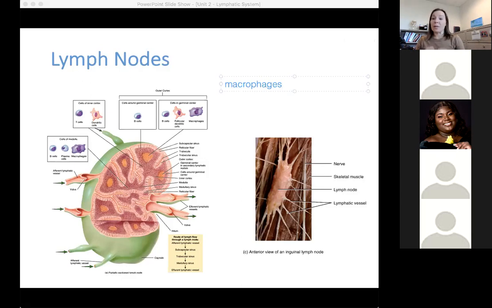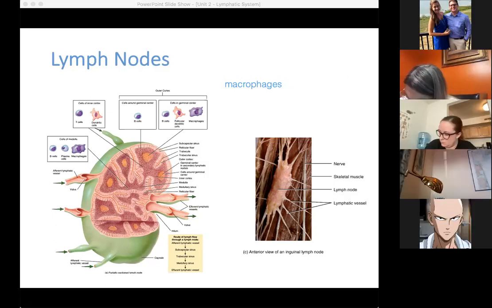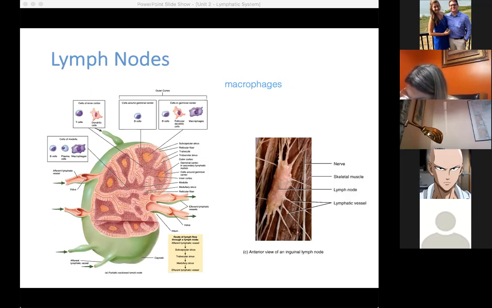So macrophages within the lymph nodes, because there are macrophages that just live in these lymph nodes, will filter lymph as the lymph passes through the lymph nodes, to remove any foreign material or microorganisms that might be in that lymph.